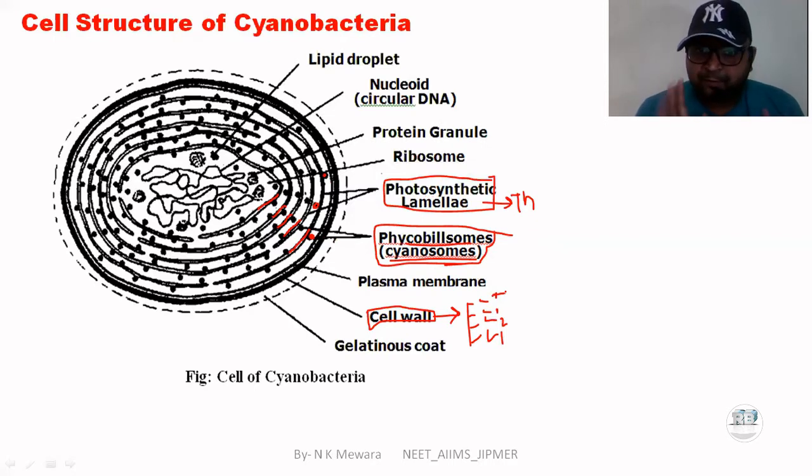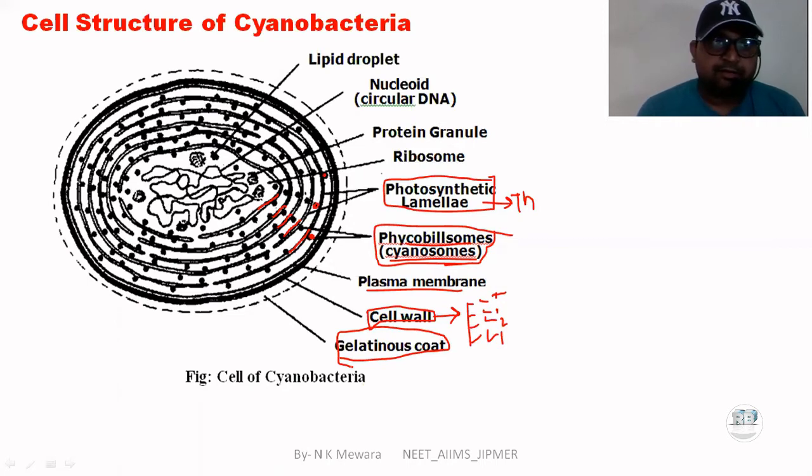The cell wall is differentiated into four layers. L1 is near the plasma membrane, and L4 is toward the outer gelatinous coat. We already studied the gelatinous coat.